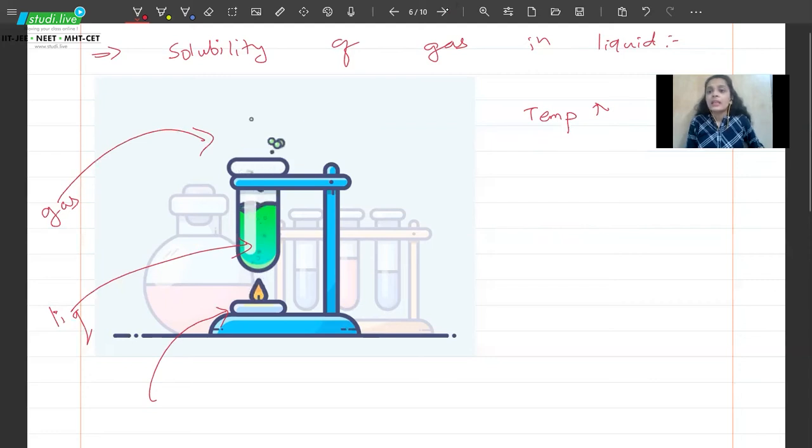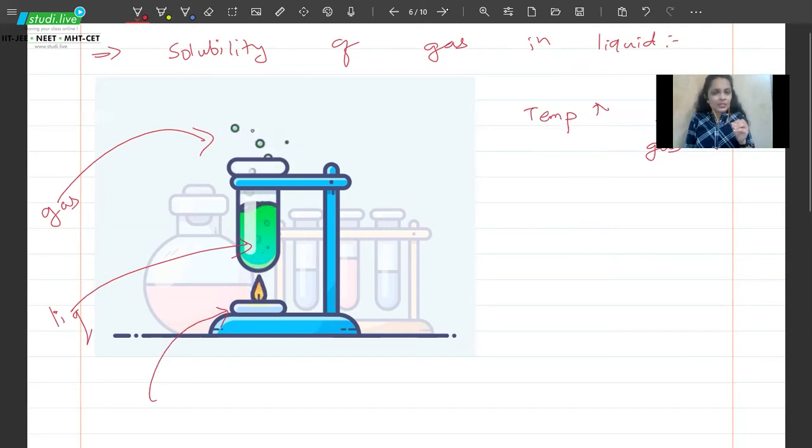So as temperature increases, solubility of gas in liquid is going to decrease. As I said, for solids it's different, but gas is very simple: an inverse proportion. Temperature and solubility for gas in liquid are inversely proportional to each other.